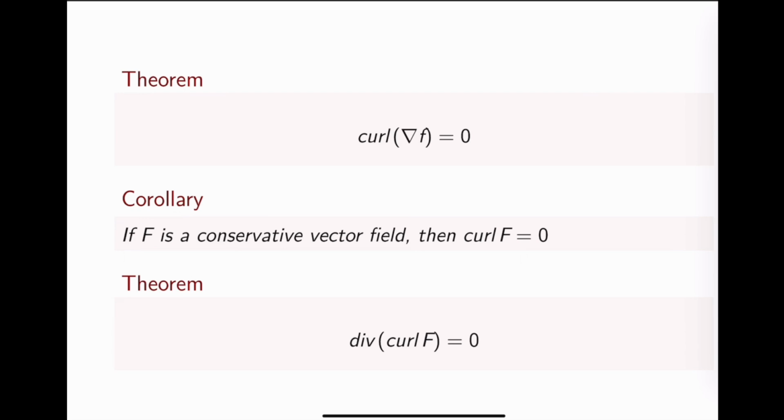So the first result says that if we take the curl of a vector field that happens to be the gradient of a function, this is going to be 0. So we can prove this by just writing down what the curl of the gradient is. So it means that it is the derivative of f with respect to x, the derivative of f with respect to y, and the derivative of f with respect to z, right? So that will be the gradient.